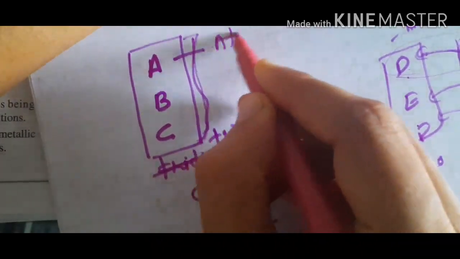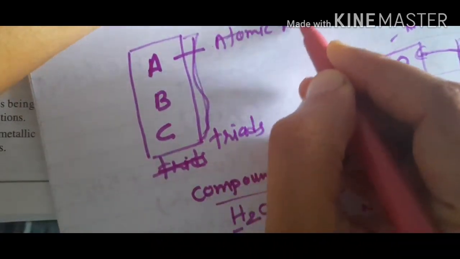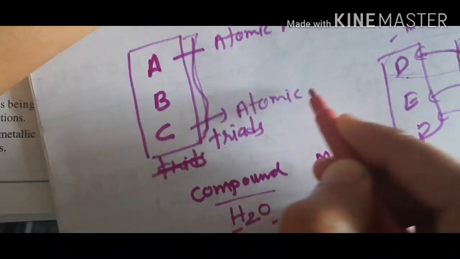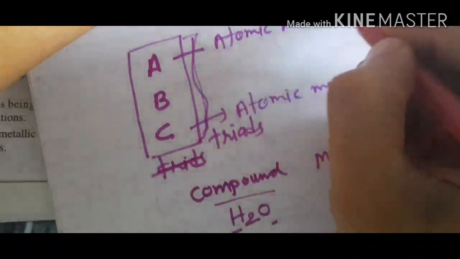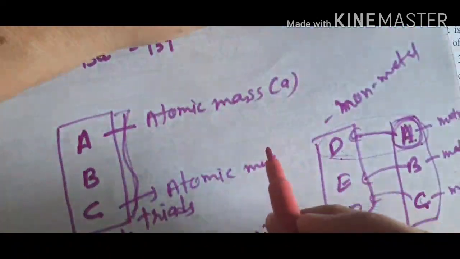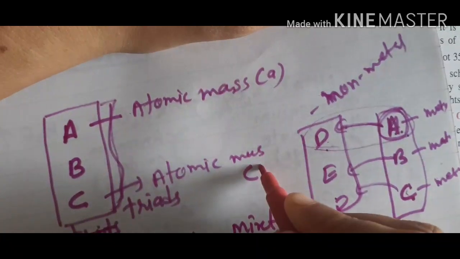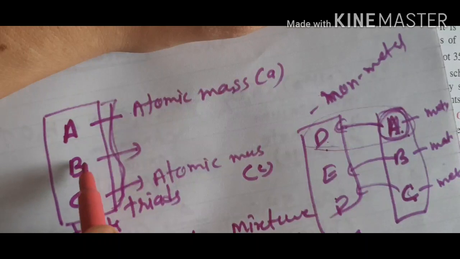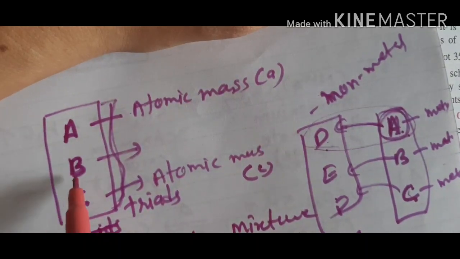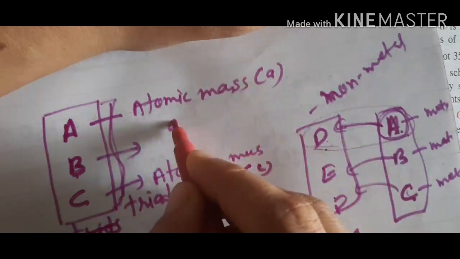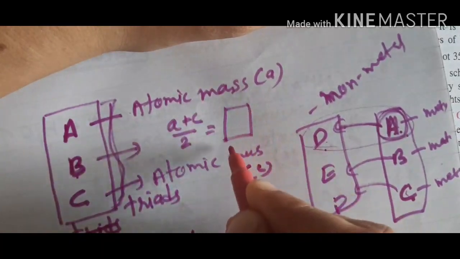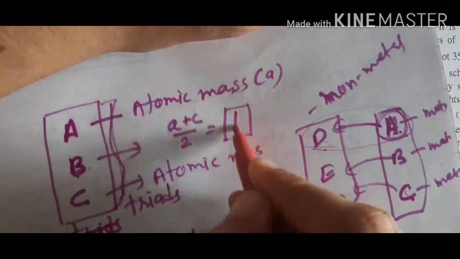Suppose small a is the atomic mass of A and small c is the atomic mass of C. So for the third element B, the atomic mass is the mean, a plus c divided by 2, and whatever we get, that number is the atomic mass of B.